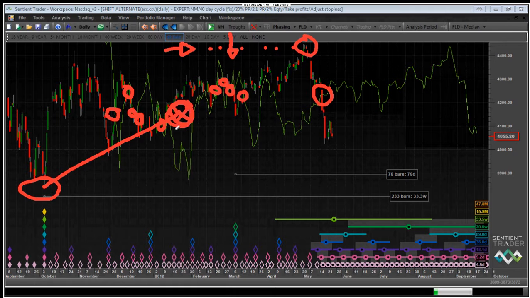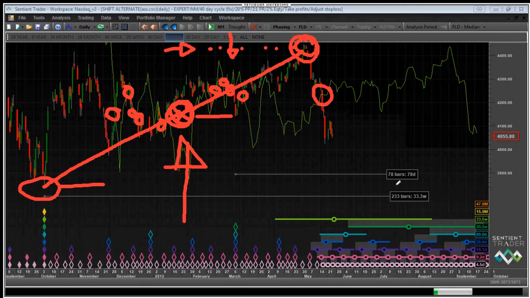So how do you interpret, as Steve asked, the FLD cross of price that occurred in March? Well, you look at all of them. Don't leave any of them out. Every single one of them must be counted. And then you do your projection from there to here. And where does that go? It goes pretty much perfectly to your peak over there.